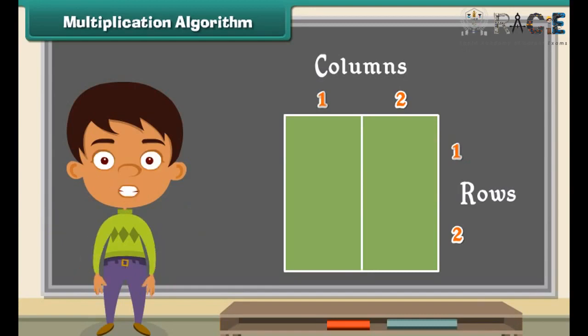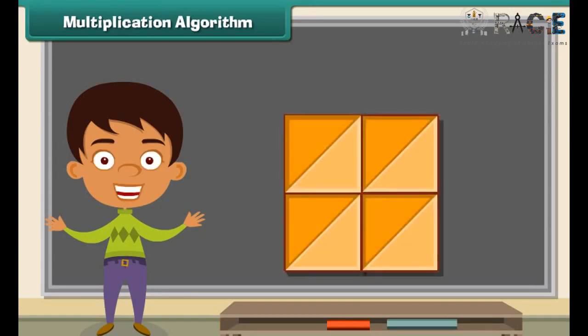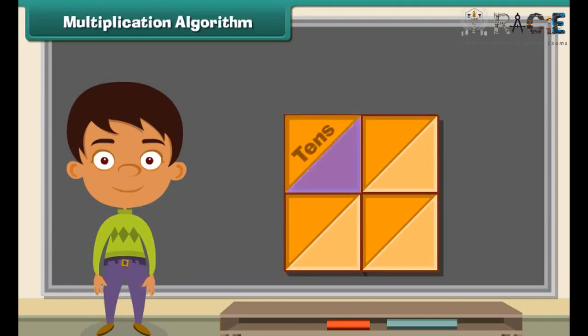If a two-digit number is multiplied by another two-digit number, there will be 2 columns and 2 rows. In other words, the grid will have 4 cells. Every cell in the grid is diagonally divided into 2. The upper triangle is for tens place and the lower triangle is for ones place. Let us now use this grid to multiply two-digit numbers.